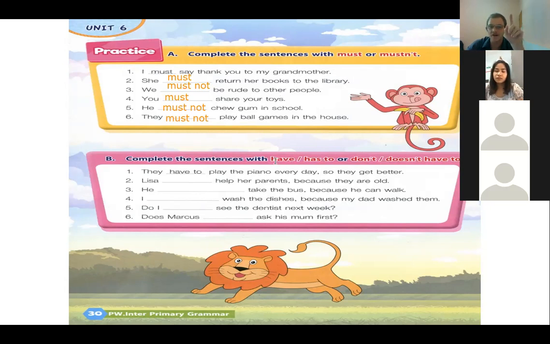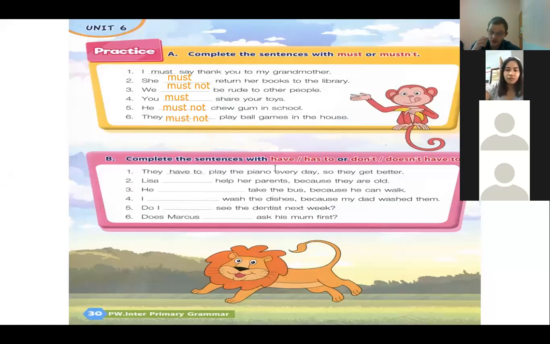Let's look at have or has to, and don't, do not, and doesn't, does not have to. Let's see what we need to answer. They have to play the piano every day, so they get better.